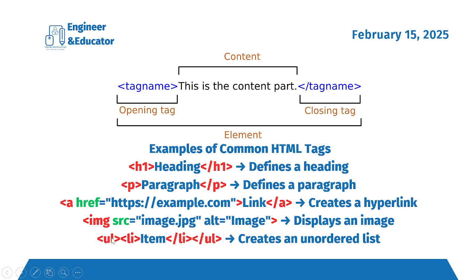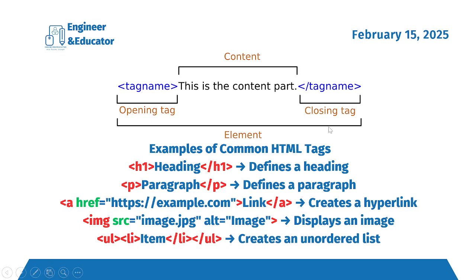Then this is a UL tag, the unordered list tag. In order to create a list, if you need a list that is not numbered or ordered, you use this UL tag, and to list every item, you make use of the list item tag inside this unordered list tag.